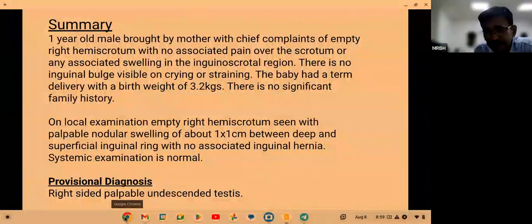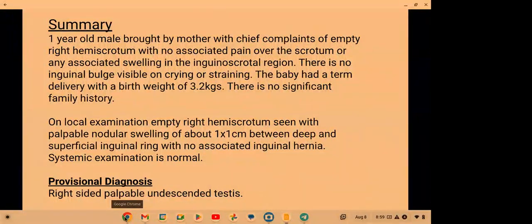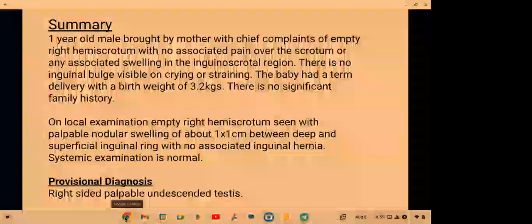Is genitalia examination important in bilateral undescended testis? Yes, sir, because it can be congenital adrenal hyperplasia. It can be disorder of sexual differentiation, whether the penis has normal development or if there is any associated hypospadias.